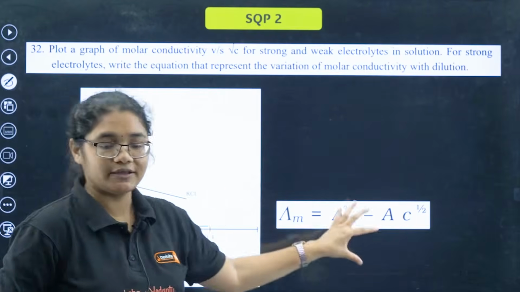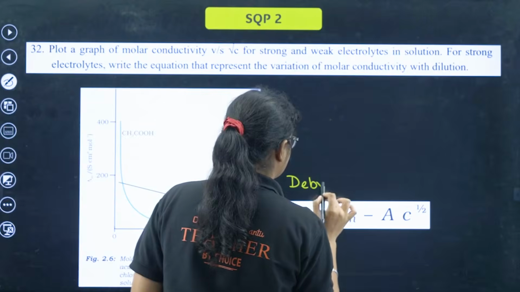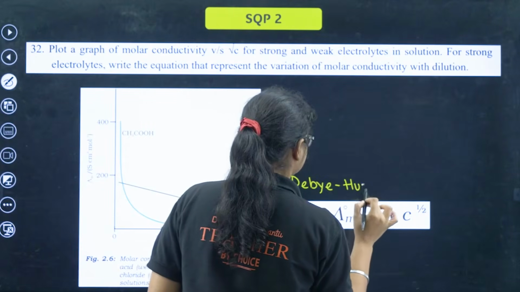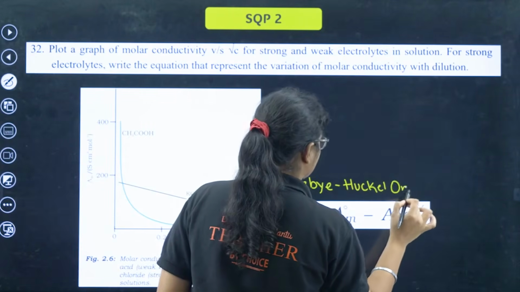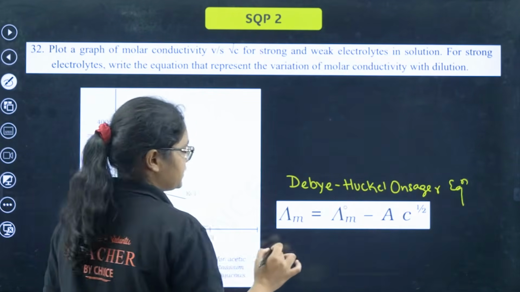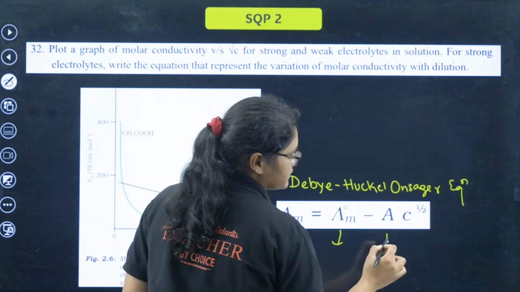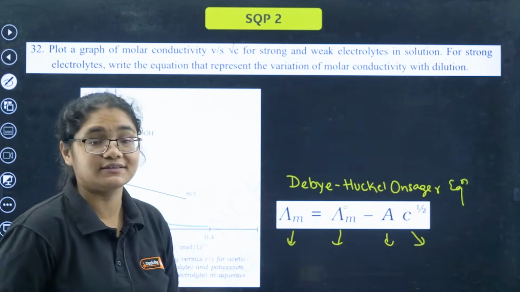And here we have an equation also to prove that. This equation for strong electrolyte is called the Debye-Huckel-Onsager equation. Okay, so you have to write this equation. Here this is molar conductivity, this is limiting molar conductivity, this is a constant, and this is the concentration.